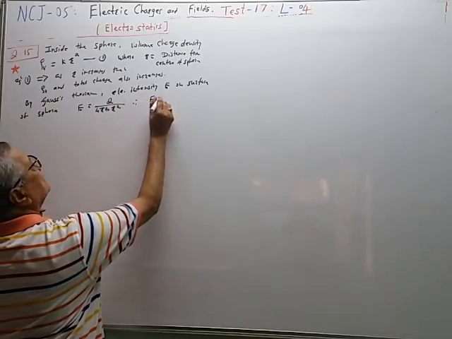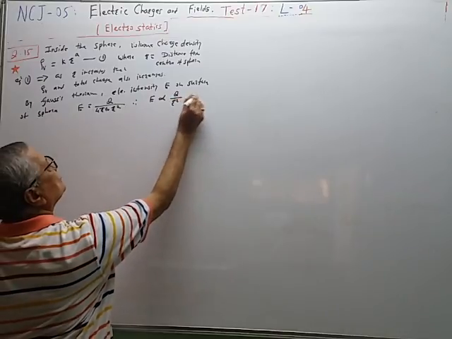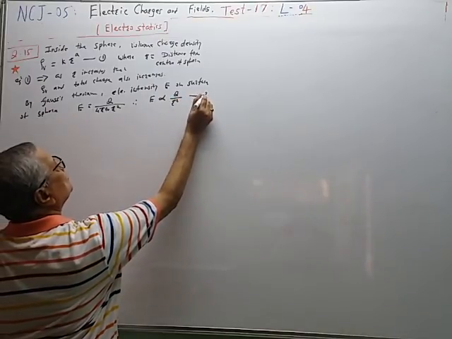Therefore, E is proportional to Q upon R square. This is equation 2.